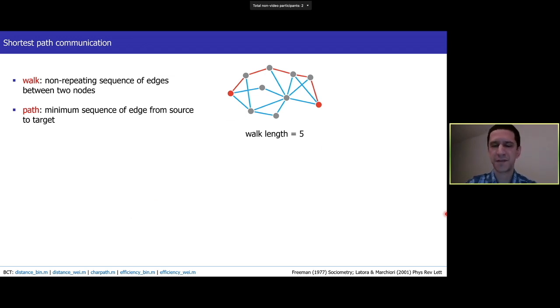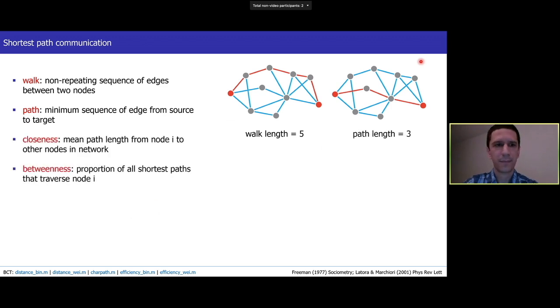And there are a number of such walks that you can envision for this combination of source and target node. A path, by contrast, is a sequence from a source to a target that is minimal. So it's the minimum sequence of edges that you would need to get from the source to target. So it would be something like this, where you go through these 3 edges from source to target.